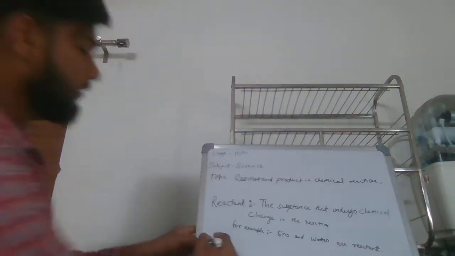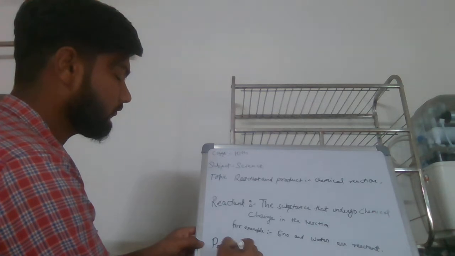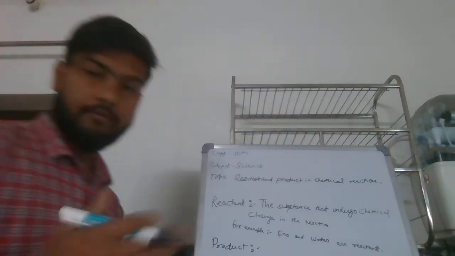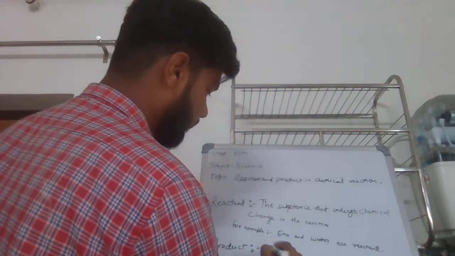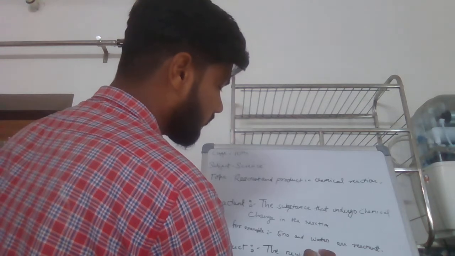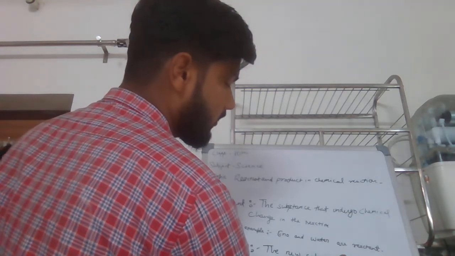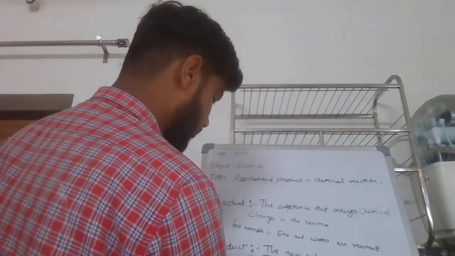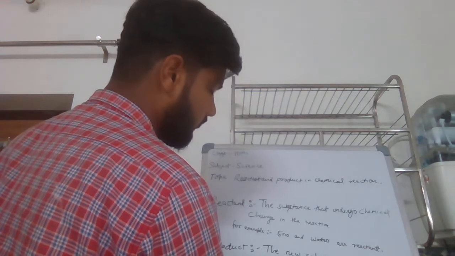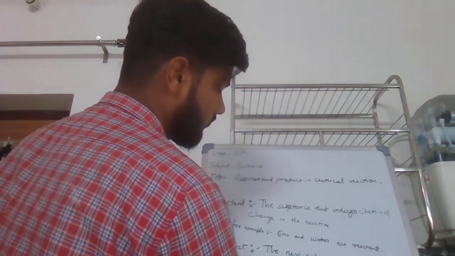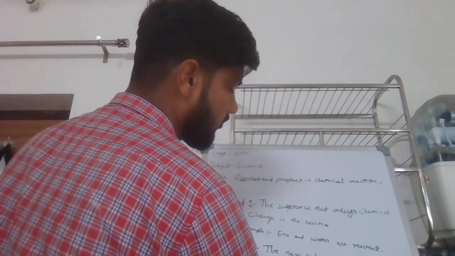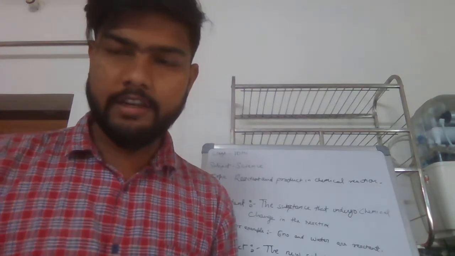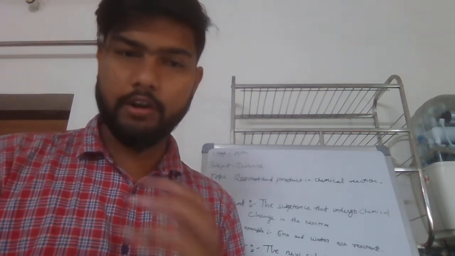So the product is the new substance formed during the chemical reaction. I hope everyone is clear till now about what is a reactant and what is a product.